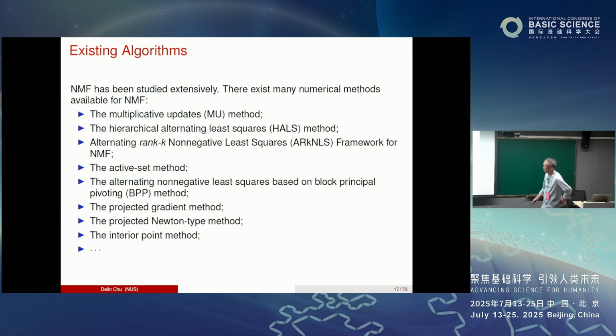Unfortunately, such powerful optimization methods are not so efficient for the non-negative matrix factorization problem, mainly because in this problem there are two constraints: U greater than or equal to 0, V greater than or equal to 0. As a result, such powerful optimization methods are not as efficient as we hope.